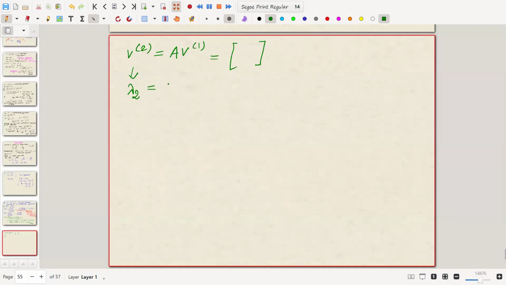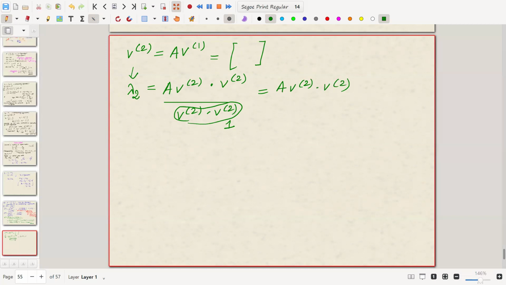Lambda 2 should be A V2 dot product with V2, because you will multiply with this dot product, but then this will be a unit vector, just one. So it is the same as writing A V2 dot V2. I am saying that you give me V2 in terms of the unit vector. Okay with you? Can you let me know this? Now you can do it, because now you know how to compute the dot product.